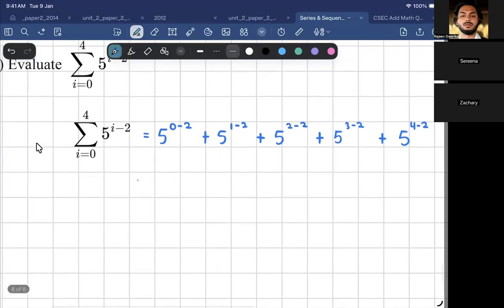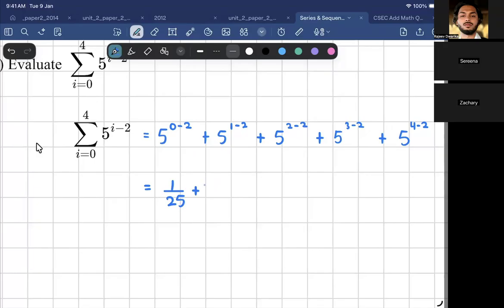Okay. So 5 to the power minus 2 is what? What is 5 to the power minus 2? If you're not sure, check it in your calculator. That's 1 over 25. Right? So the first term is 1 over 25. What is the next one? 5 to the power minus 1, right?